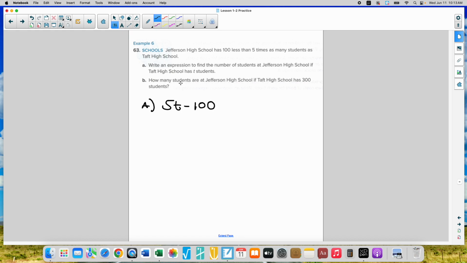How many students are at Jefferson if Taft has 300 students? So we'll substitute 5 times 300 minus 100. That's going to give us 1,500 minus 100. So there are 1,400 students at Jefferson.